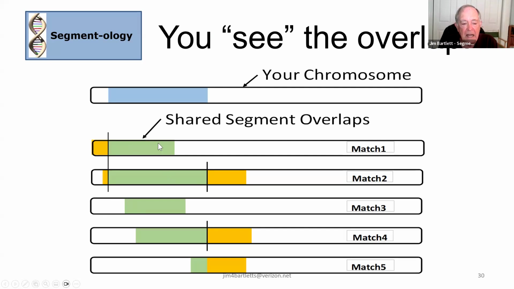And these are the shared segments that would be reported by the companies, these green things. This one down here probably would not be reported because this little piece of green overlap with you is not significant enough to be called a shared segment. It's not a long enough segment. So match 5 would be out of the picture and you would get 4 matches here.